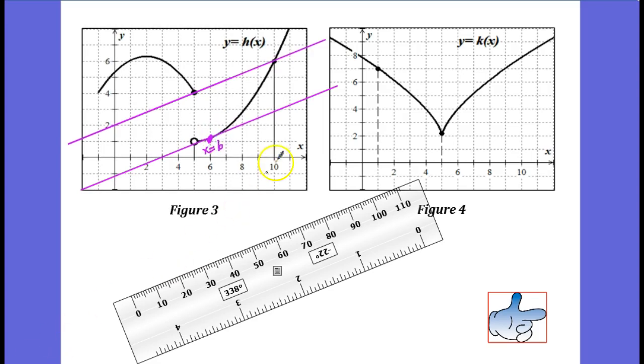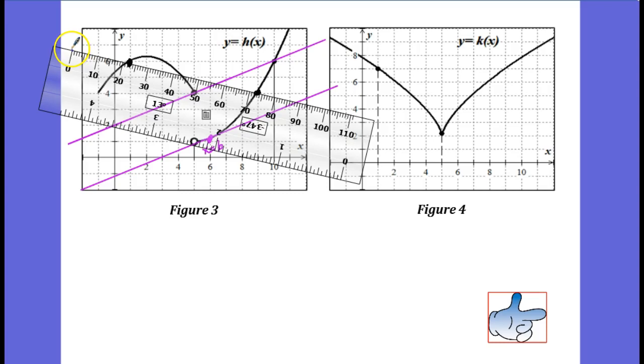Now we should have another point for our interval located at 9, 4, and that's missing from my figure, so I'm going to draw that in, and also at 1, 6. So we'll put those 2 points in, and let's sketch a secant line through those 2.